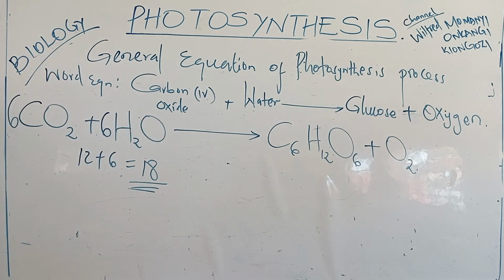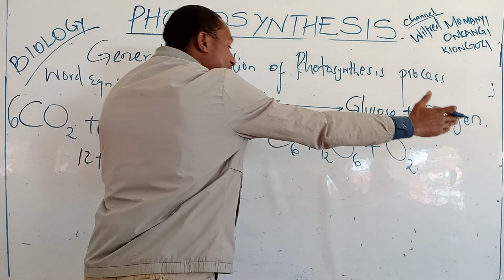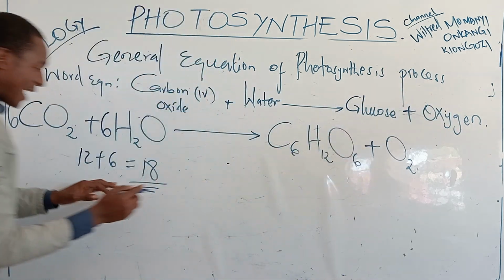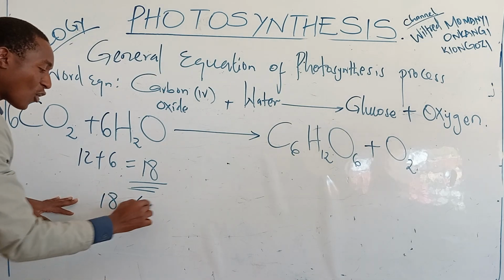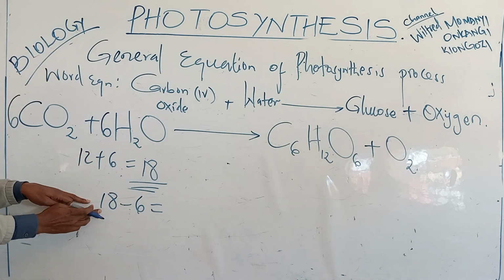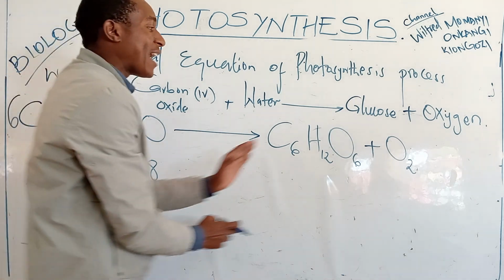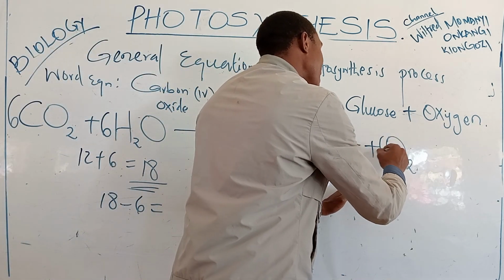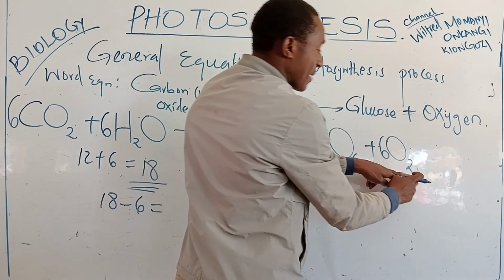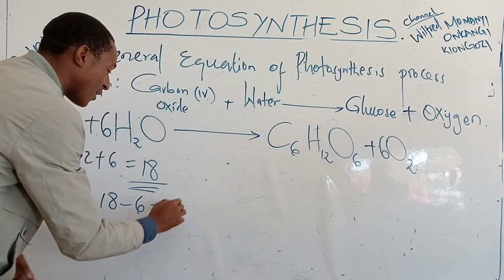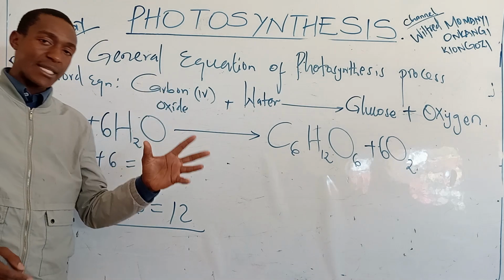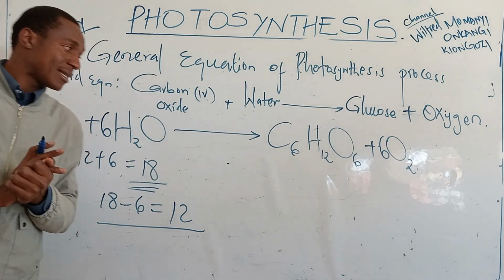There's nothing we can do on the left hand side. So this 18 must balance on the right hand side. We already have 6 and we are looking for 18. So 18 minus 6 is 12. Now we have a number here, so it is good we put 6 here so that we multiply 6 times 2 to get the 12 that we require. This is a balanced general equation for photosynthesis.